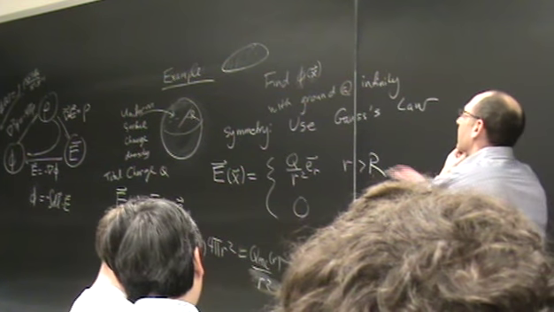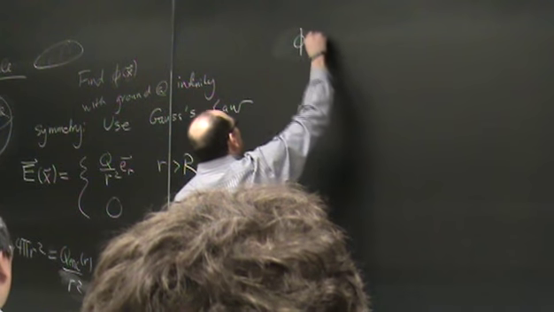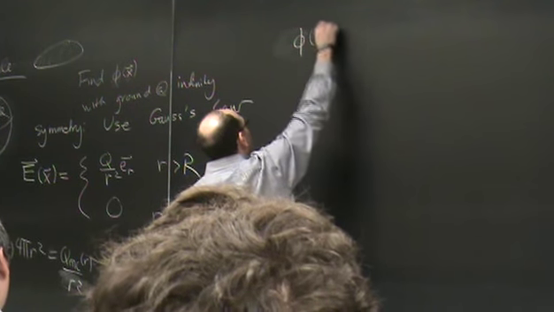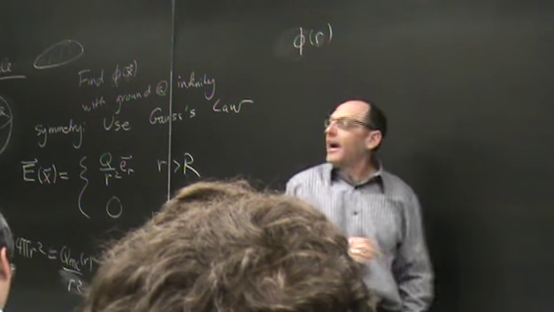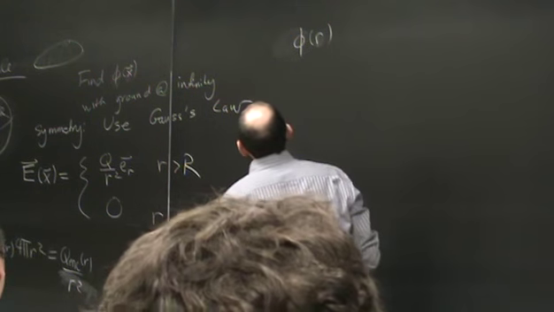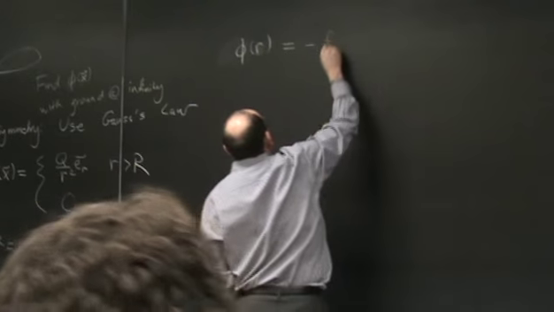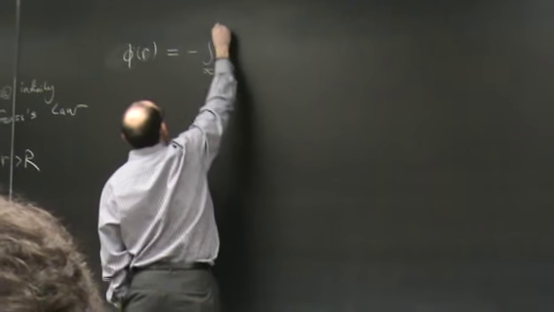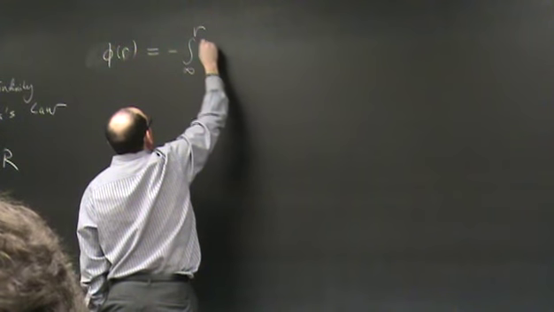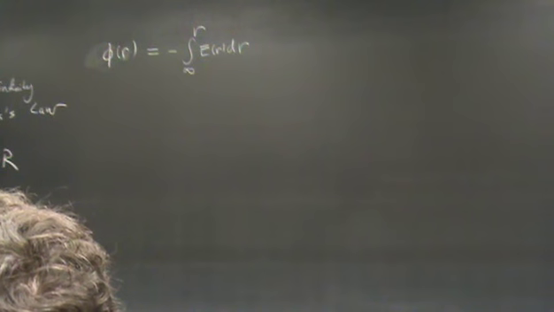So then the potential is also spherically symmetric. The equipotential surfaces are spheres, so it only depends on the radial distance, and that's the integral from ground, which is at r equals infinity, up to r. So here's infinity, if you ever wondered what infinity looked like, there it is.